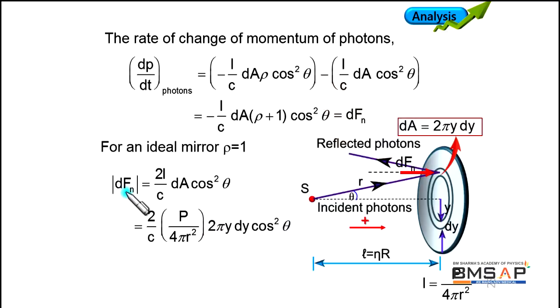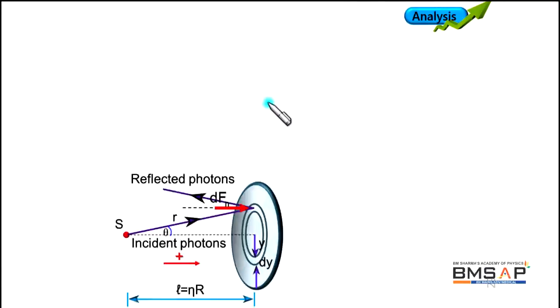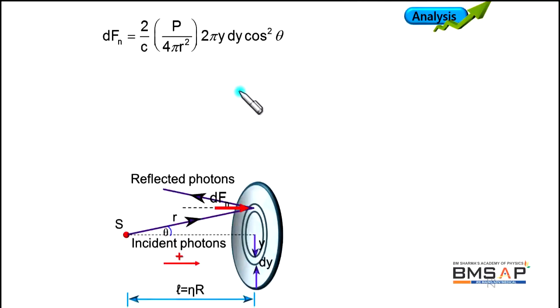Now we need to integrate this function. So let us write this expression on the next page. This is dFn, okay. Now we need to find the value of r and y, and we need to substitute the value of dy in terms of theta.